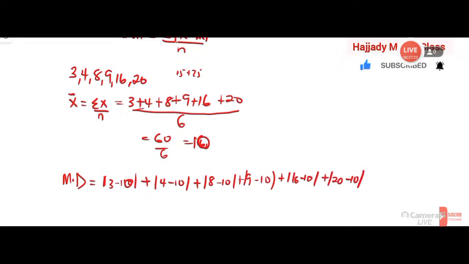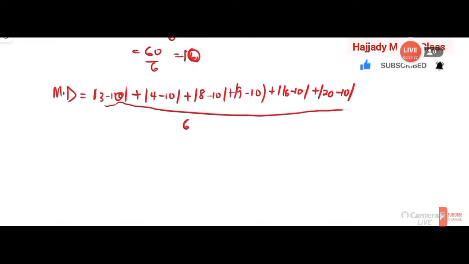So we are taking the absolute value of the observation. This is going to be over n. How many observations do we have in total? Which is 6.